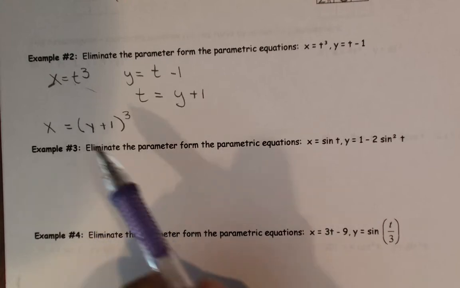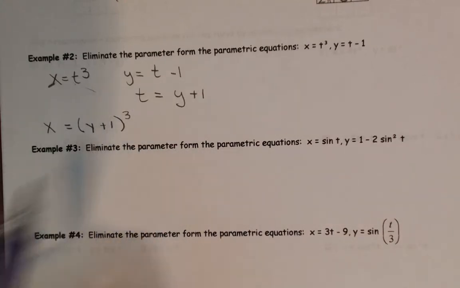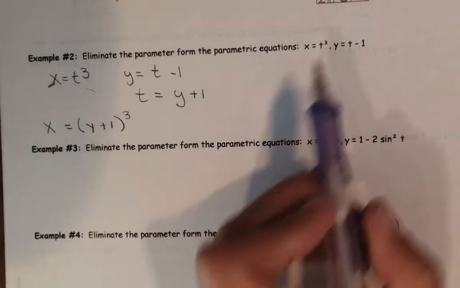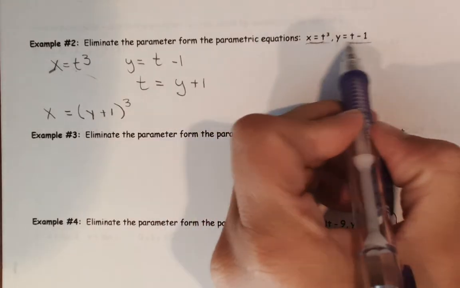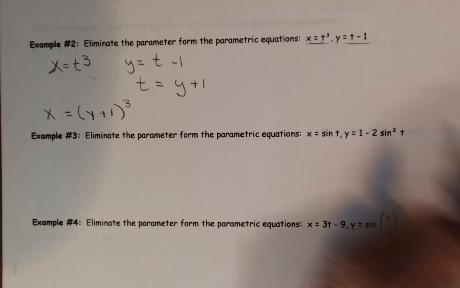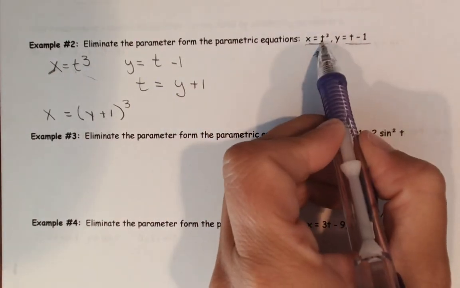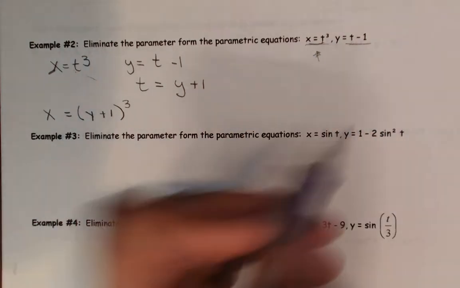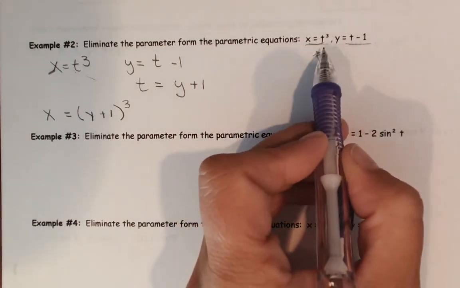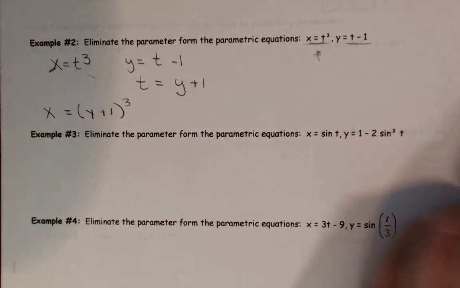The other thing we have to look at, though, is do I have to put any restrictions on what y could be or what x could be? You have to look at your originals and ask: no matter what I put in for t, could I get real outputs? I could put in all positives and all negatives for t, and I'm going to get all positive and negative outputs for x.